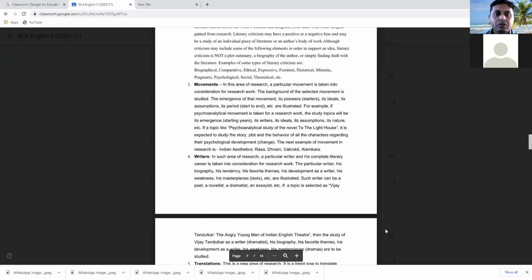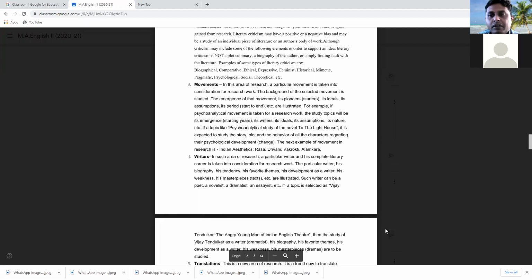So if I want to study John Keats' poem, I can study the poems. If I select a particular poem, it would become a textual analysis. But if I study the movement in the background of that poem, the Romantic movement in the background of John Keats' poem, it becomes the study of movement.